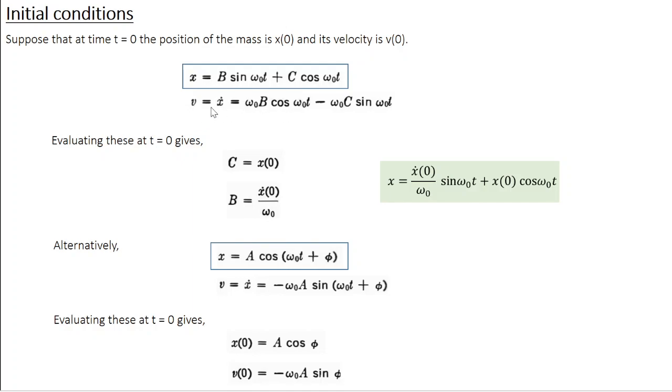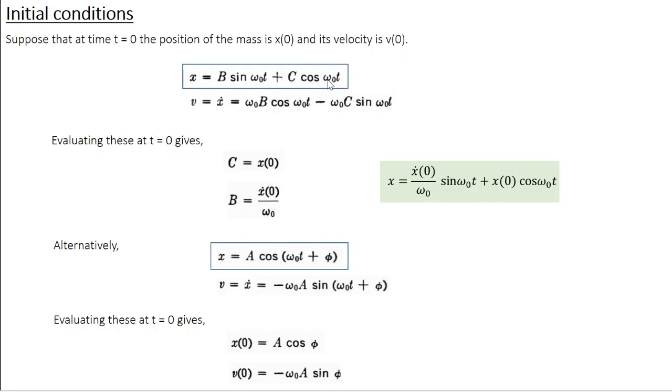Now let's calculate these two at time t equal to 0, because we already know at time t equal to 0 the position is x of 0 and velocity is v of 0. So at time t equal to 0, the left hand side is x of 0. This is equal to, when t equal to 0, I have sin 0 here, sin 0 equal to 0.